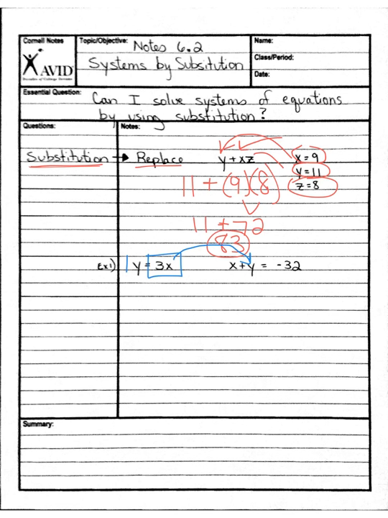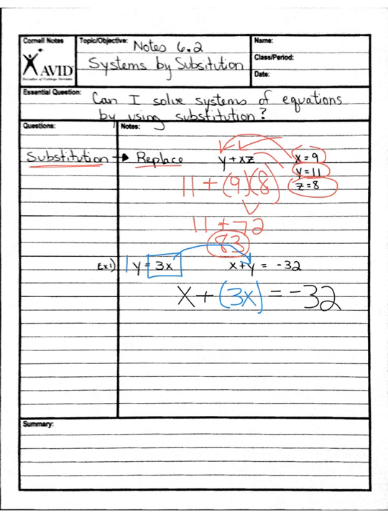So let's go ahead and I'm going to write the letter x plus, instead of the letter y in parentheses, we're going to put what we are substituting, which is our 3x, equals negative 32. So I tried to use colors here to help. You can see that our original problem we have all in black, and then what I boxed in blue is what I replaced for the y, and I wrote it in blue.